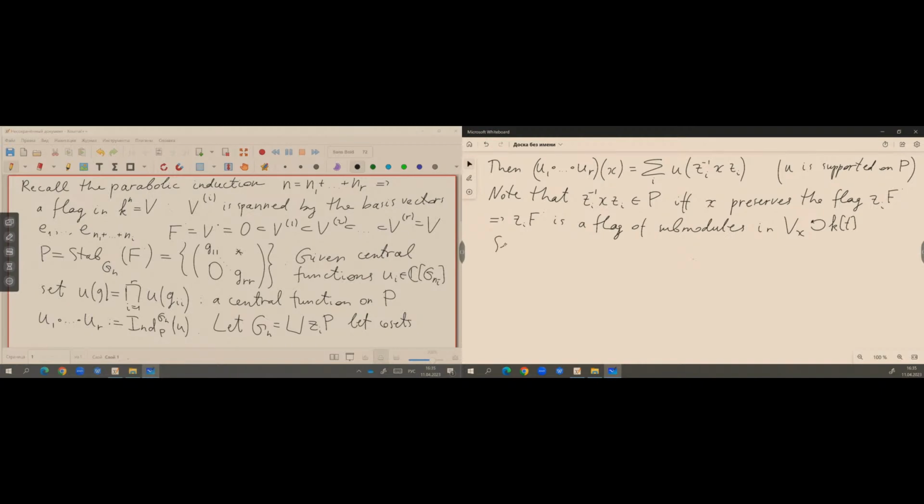So we denote Wi is the z_i Vi, and the z inverse x z lies in the parabolic subgroup, so it has the form h11 and so on, hrr, 0, something.